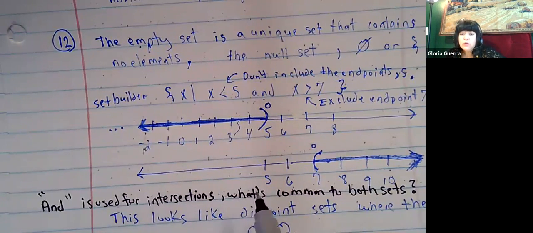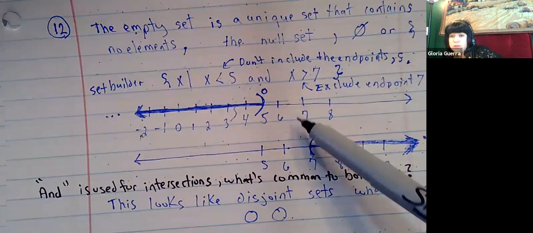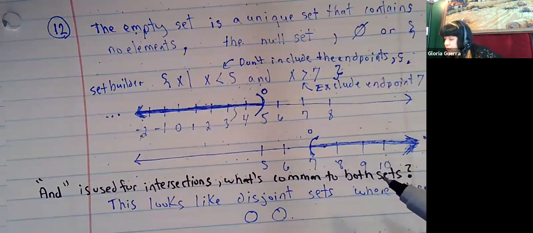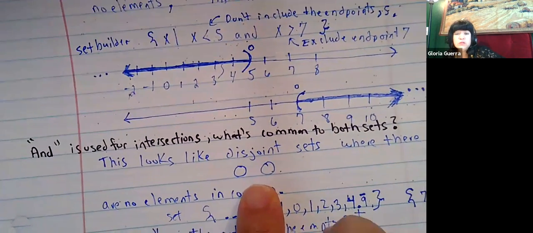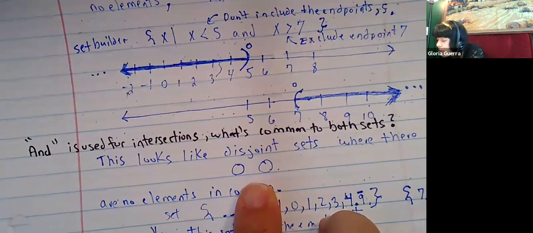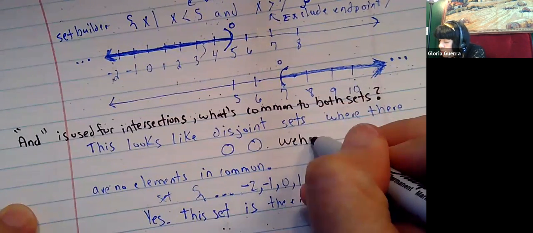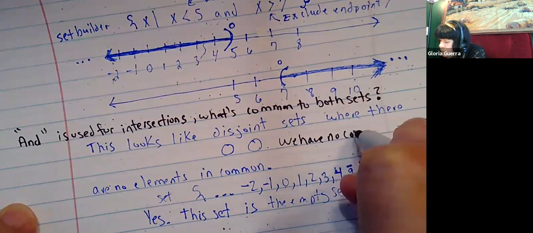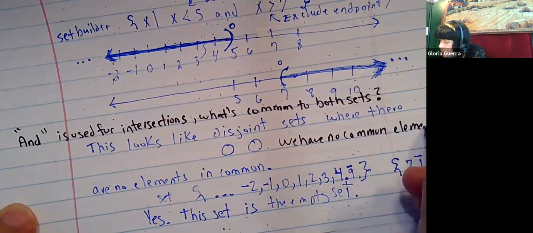There's nothing common to both of these sets. That's why this looks disjoint. We have no common elements.